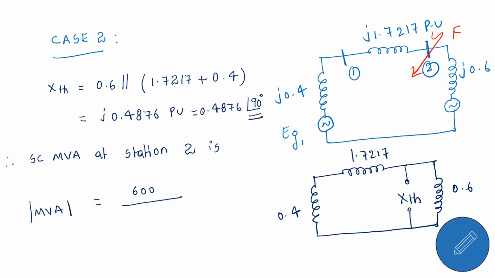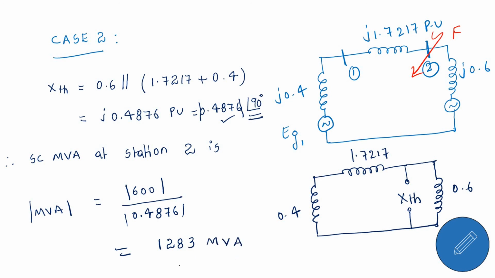This angle I am not considering; I am taking only the magnitude part. So this is magnitude of MVA base by magnitude of X per unit, that is 600 divided by 0.4876, which is equal to 1283 MVA.